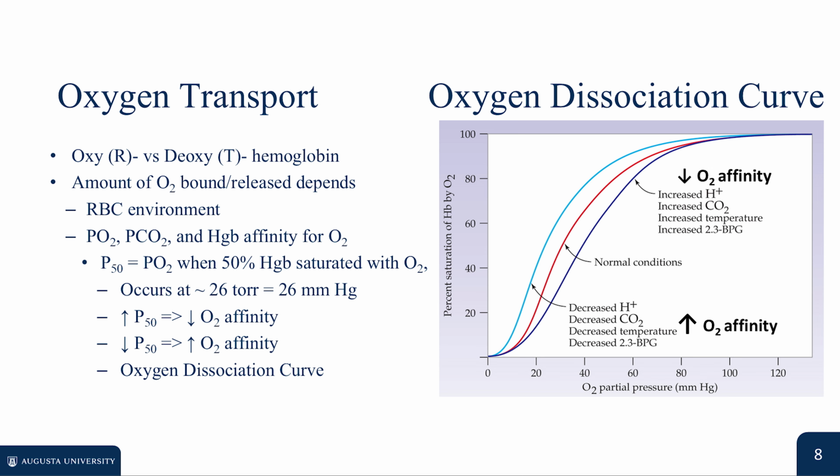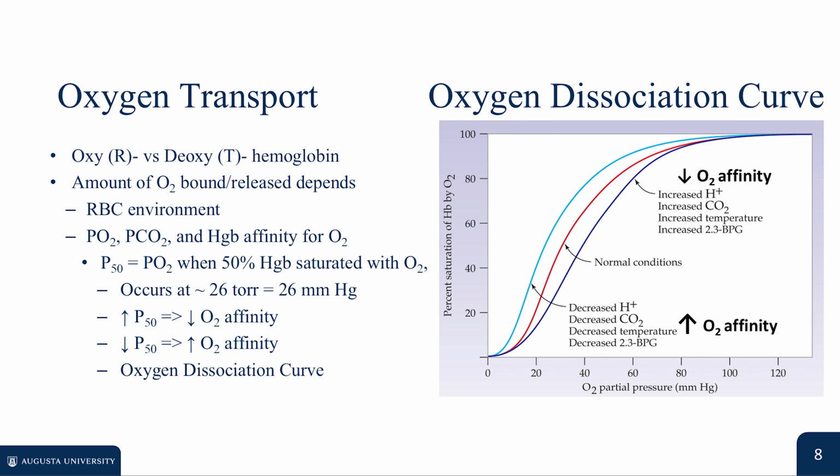Because the binding of one oxygen molecule increases the affinity of the remaining subunits, hemoglobin exhibits cooperative binding, resulting in a classic sigmoidal or S-shaped dissociation curve. A fundamental metric on this curve is the P50 value, defined as the partial pressure of oxygen at which 50% of hemoglobin is saturated. In normal human adult blood, P50 occurs at approximately 26 torr, or 26 millimeters of mercury.